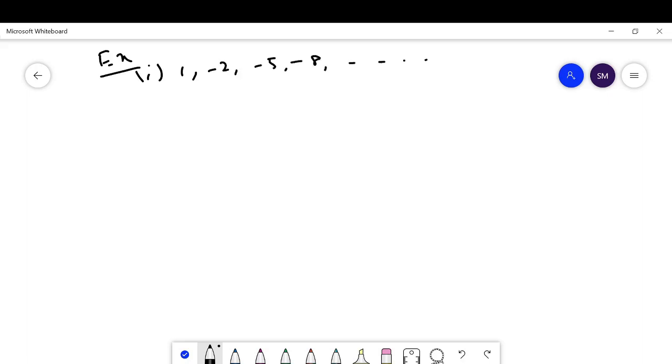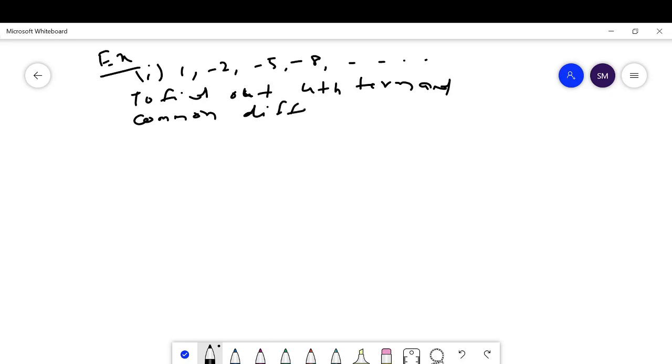In this way we have to find out the next 4 terms and also find the common difference D.